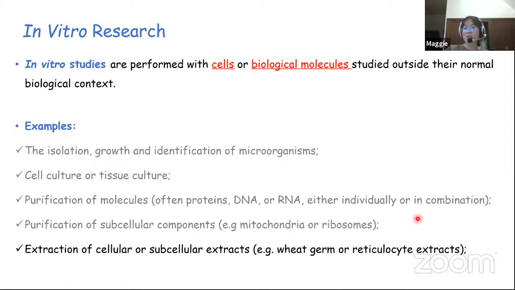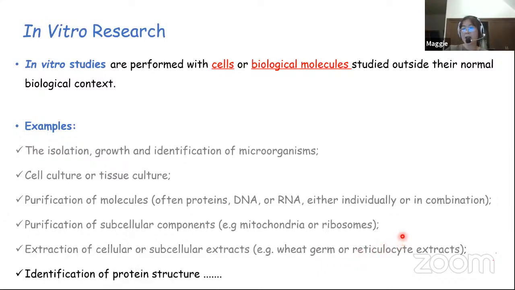And next is the extraction of cellular or subcellular extracts. For example, we extract the wheat germ or the reticulocyte extracts. And last, identification of the protein structure, the RNA structure, the DNA structure. All of these studies are examples of in vitro studies.